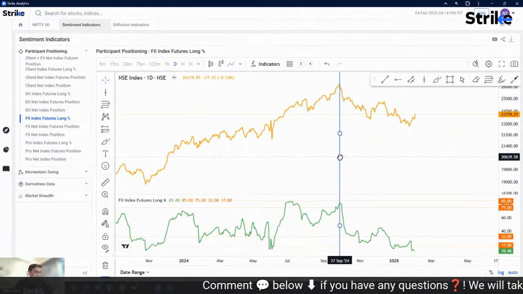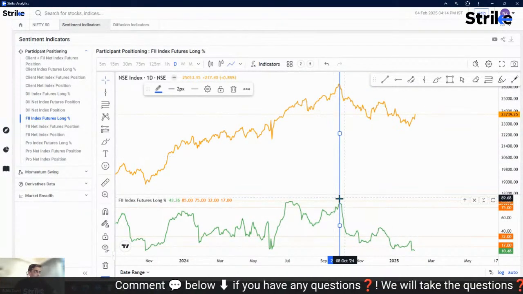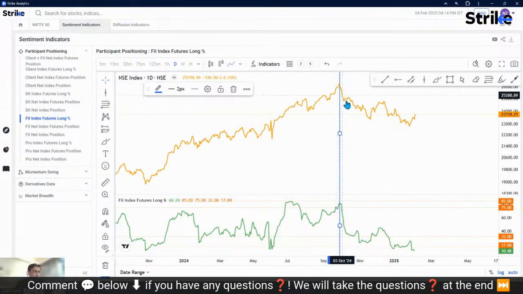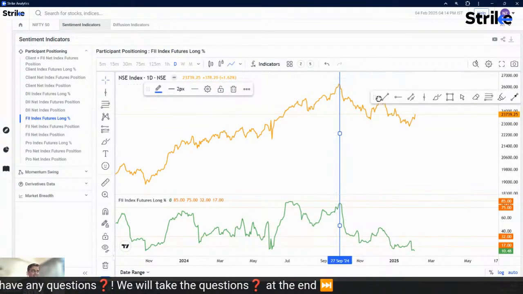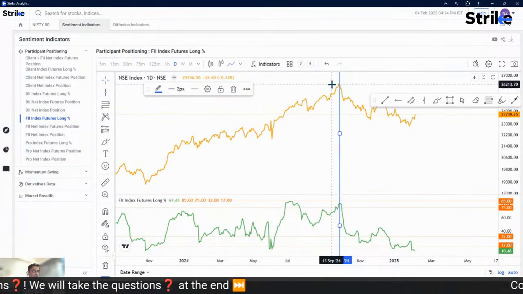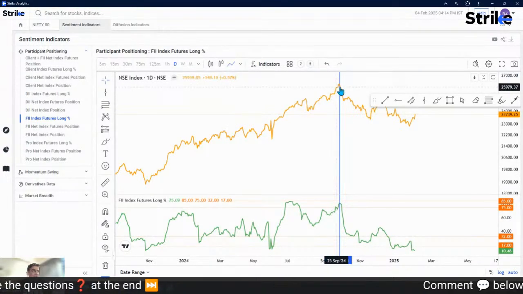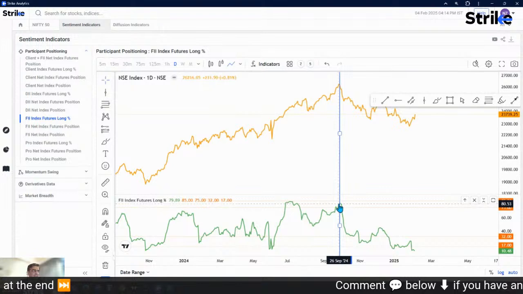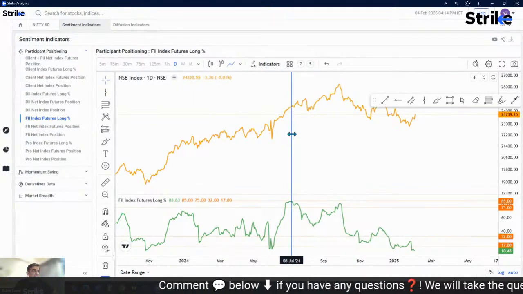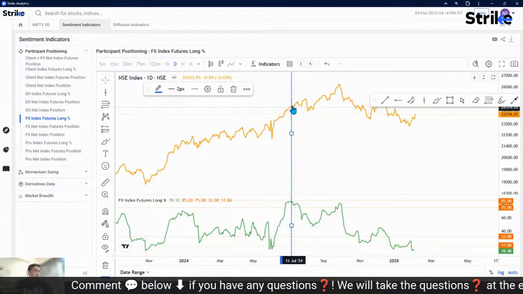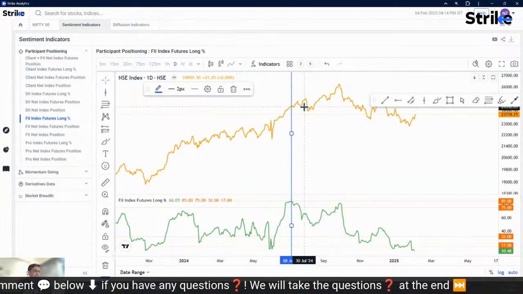When this indicator went to this particular extreme on the upside, we saw a nice correction from this particular level, almost 26,300, 26,200 levels. We saw some nice correction that has happened. Earlier as well, we saw over here that already it was an extreme, but here the correction did not come in.